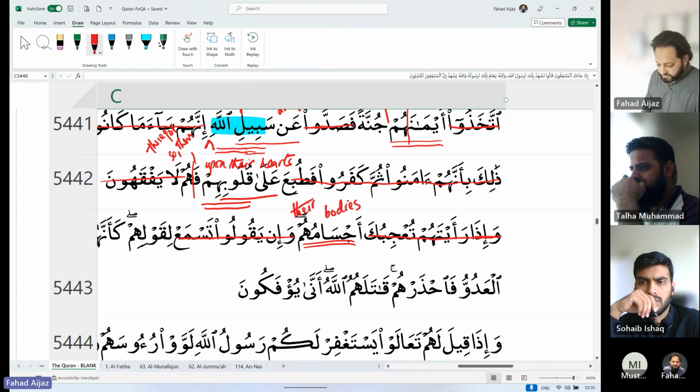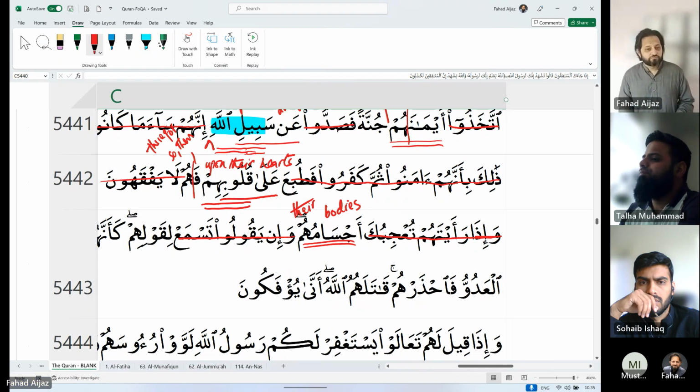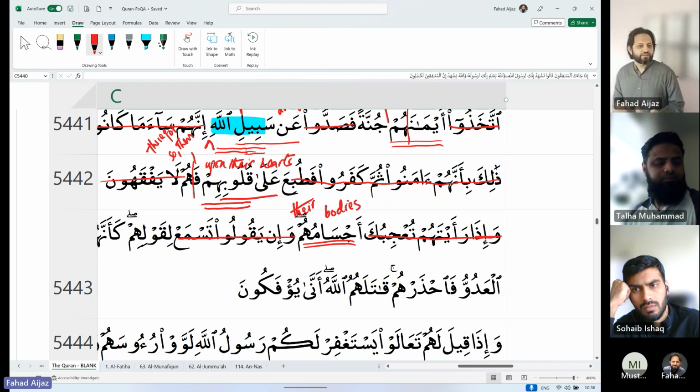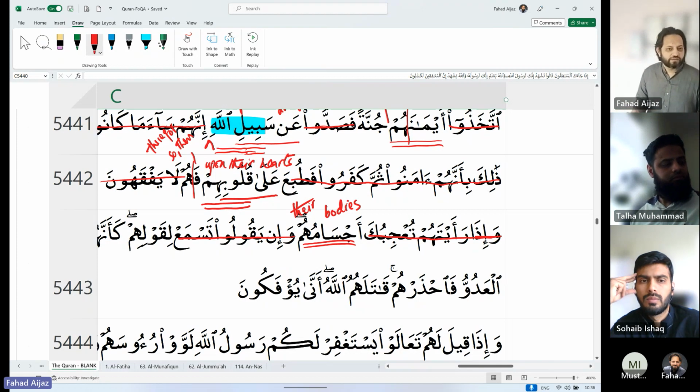So in this ayah, Allah is saying, وَإِذَا رَأَيْتَهُمْ تُعْجِبُكَ أَجْسَامُهُمْ. When you see them, their bodies impress you. Allah is talking about the Munafiqeen. Some Mufassir say this is about the volumes, how many they are. Some say they are really good looking, well built, sporty, and that impresses you.